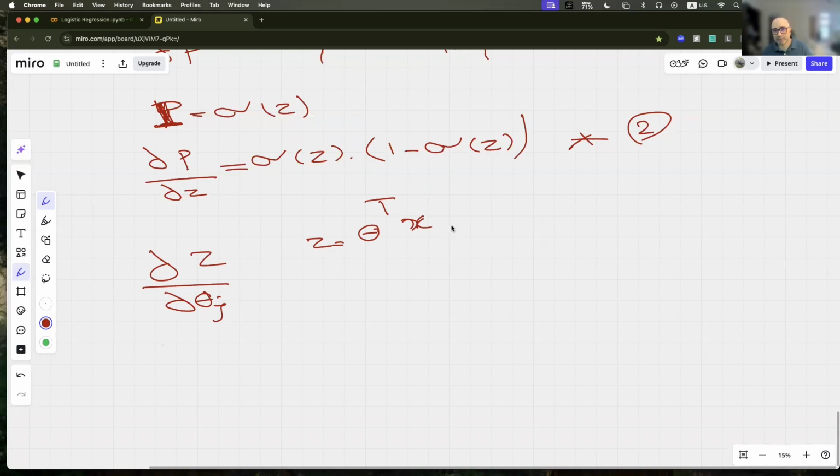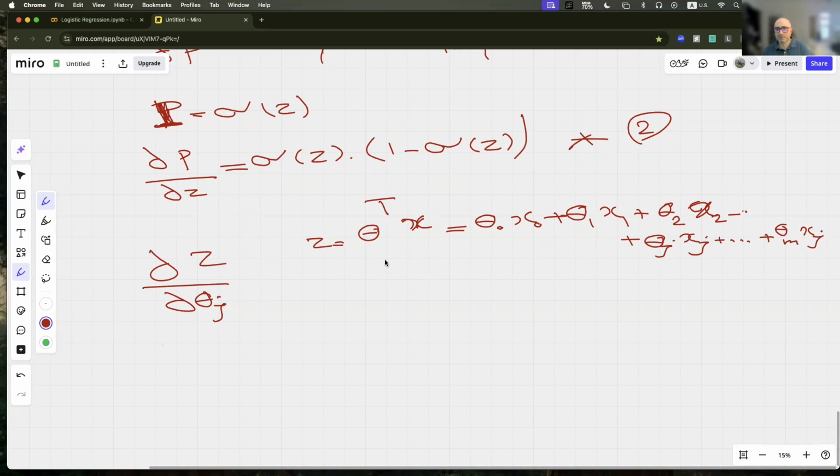If I write this out, it would be theta 0 x0, theta 1 x1, theta 2 x2, and so on until theta j xj, and it goes to theta m xm.